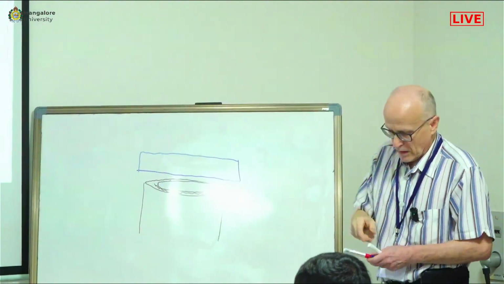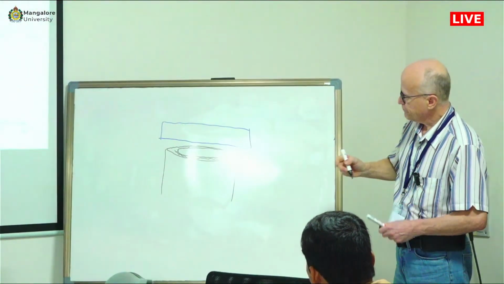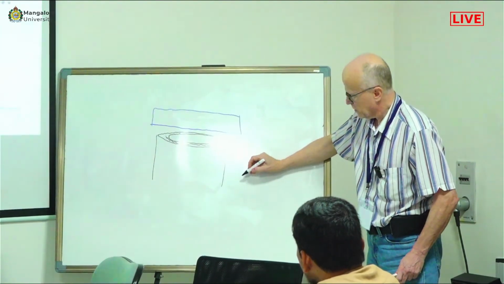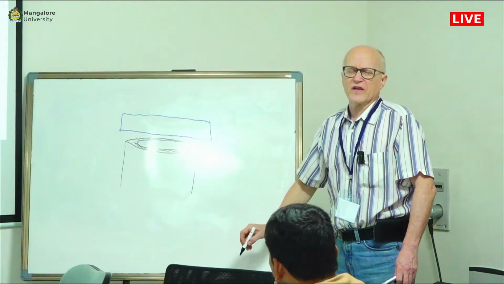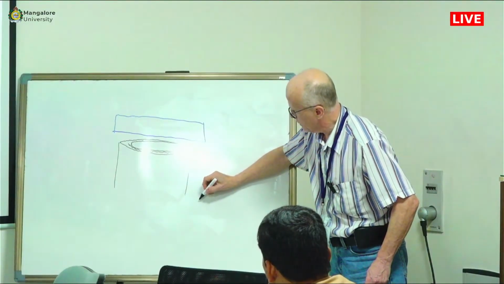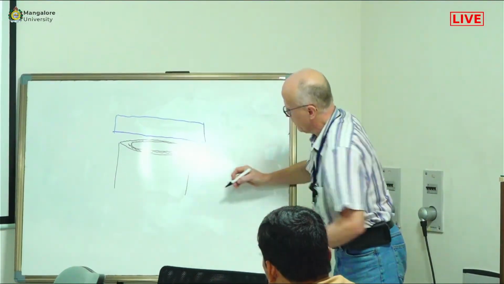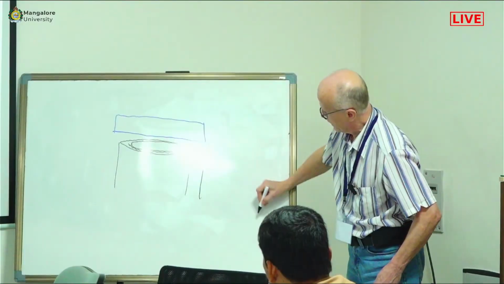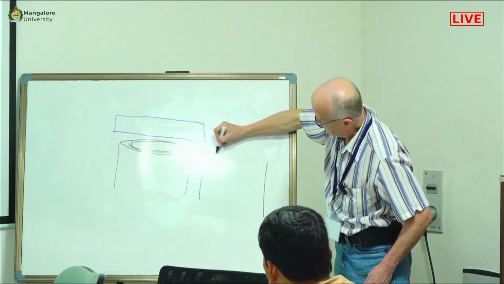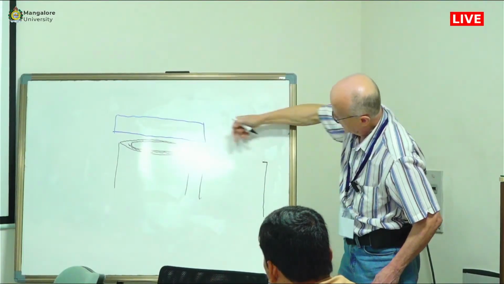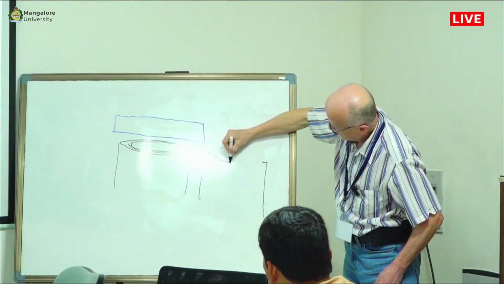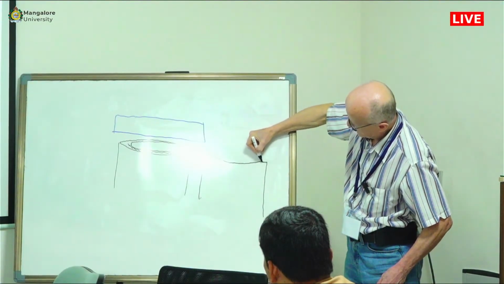But the point now is that this window is very thin, 0.5 millimeters or so. I don't remember the exact number. If you are looking at it this way, this is part of the metallic ring, and the window goes like this, in fact.